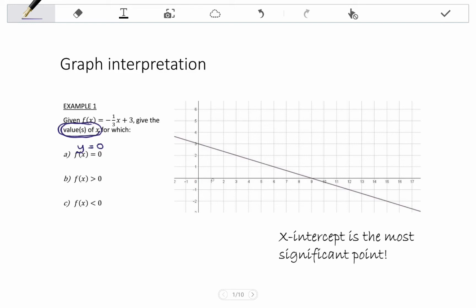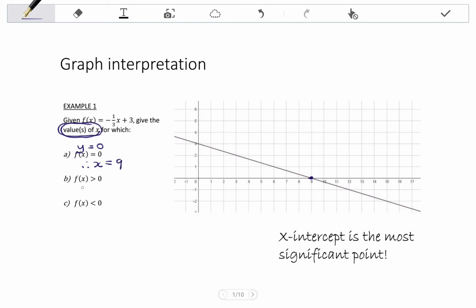So horizontally, if we find the graph, y equals 0 at this point here, which is our x-intercept. Okay, so you use the y value to find the correct part of the graph, and you always answer with the x value. Okay, so here the x value is 9. So our answer is therefore x equals 9.